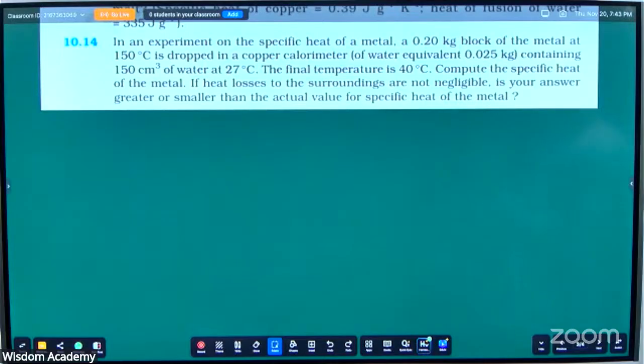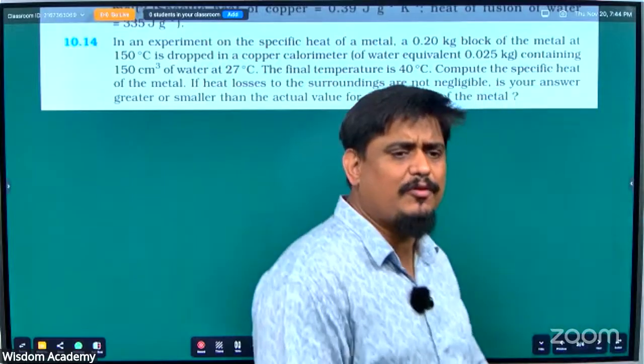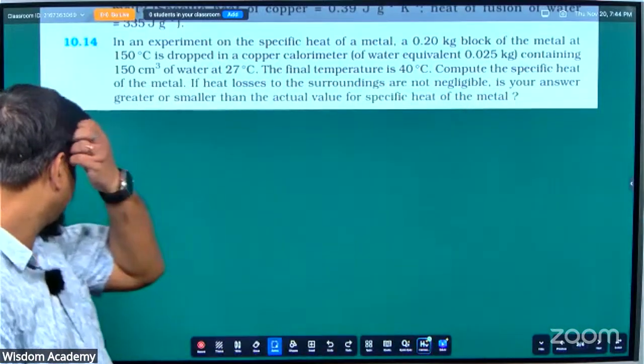Mass of water is 50 grams. So specific heat of copper is not required for this question.